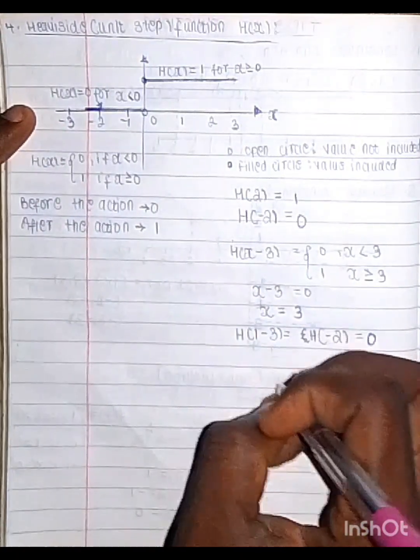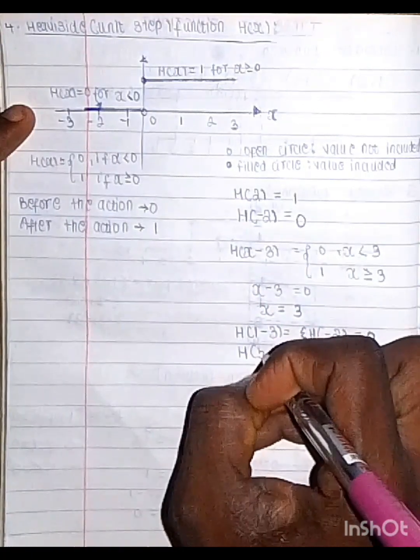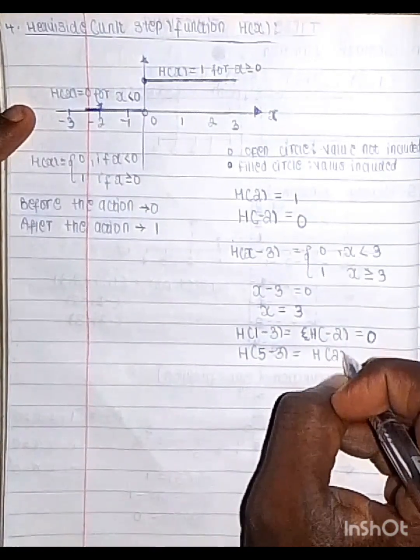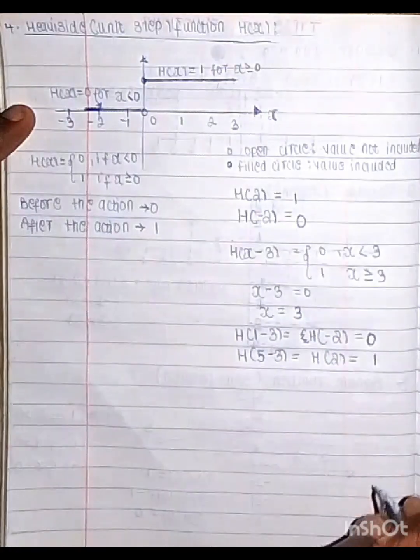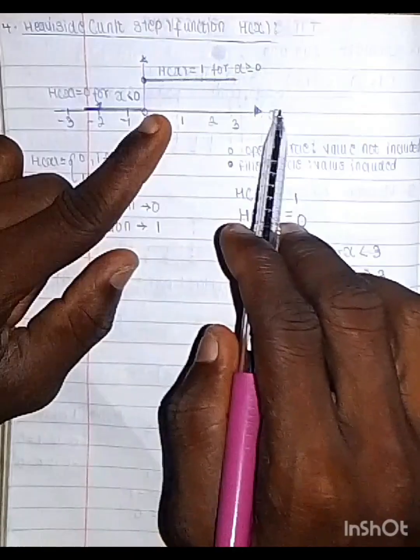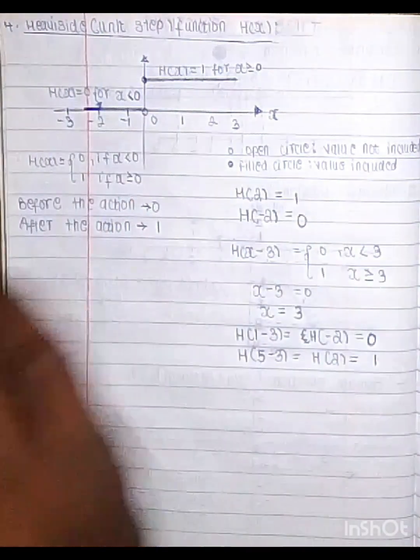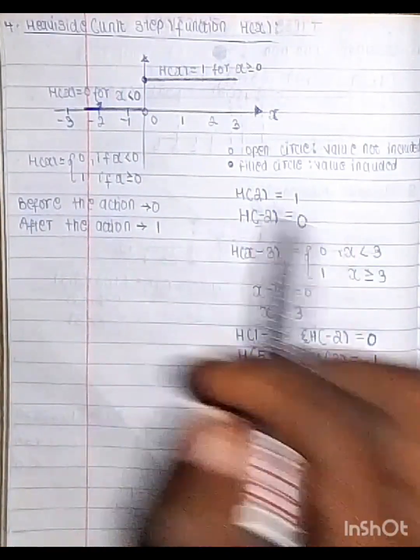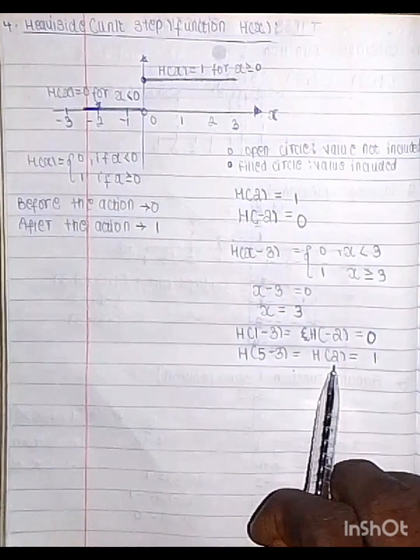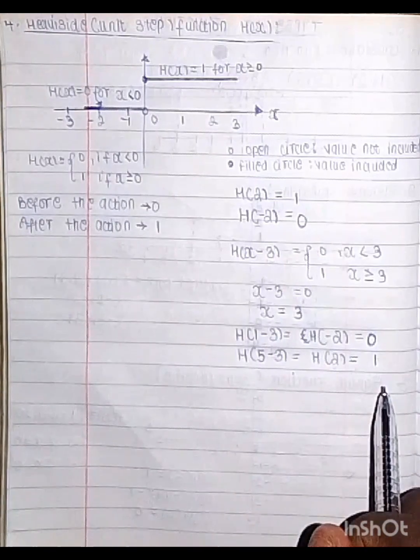Now, if we have a value where the domain is 5, we input 5 where we have x, and this is what we have, the Heaviside of 2. Now, the Heaviside of 2 is 1. Why is it 1? It's because 2 lies within the region of the positive numbers to positive infinity. The summary of everything here is that the Heaviside of a positive number is 1, while the Heaviside of a negative number is 0. Thank you.